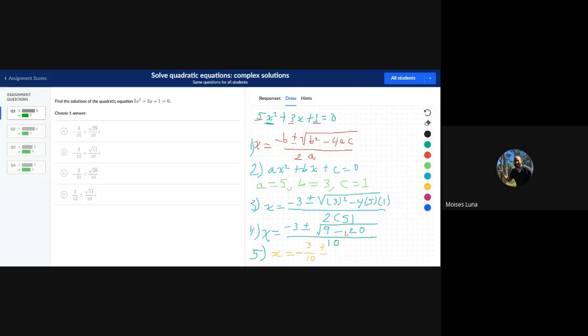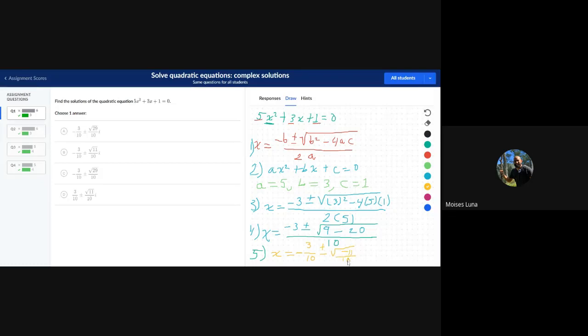And so here we have 9 minus 20 equals minus 11, right? You can do it with your calculator. 9 minus 20 equals minus 11, right? So you have here minus 11 divided by 10.